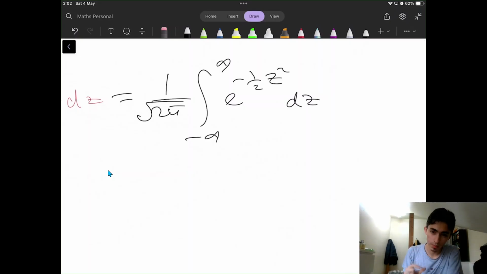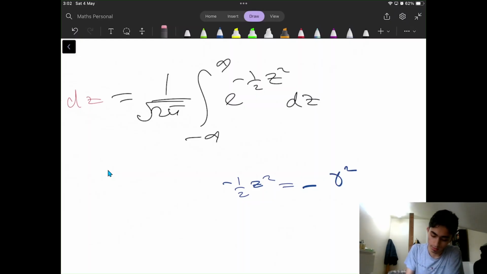Now, how do we get from this to a Gaussian integral, you may ask? I'm just going to take another substitution for ease of mind. Essentially, I want negative half z squared to equal negative, let me pick another letter, let's be exquisite and use gamma. Gamma squared.